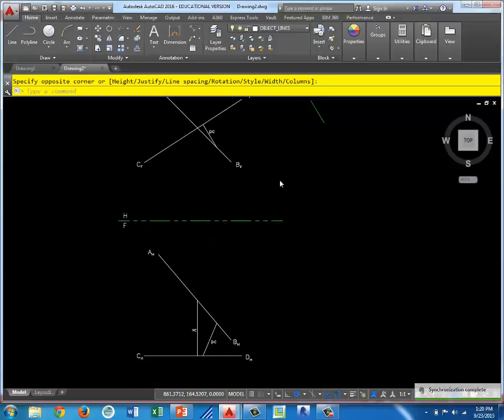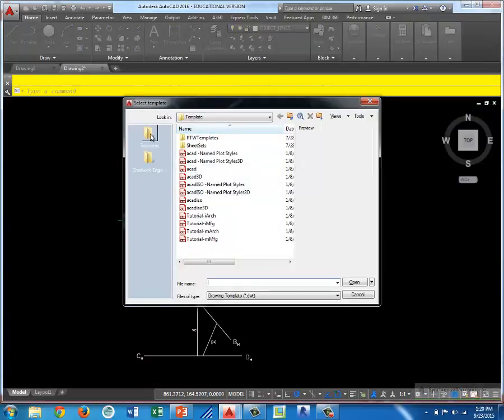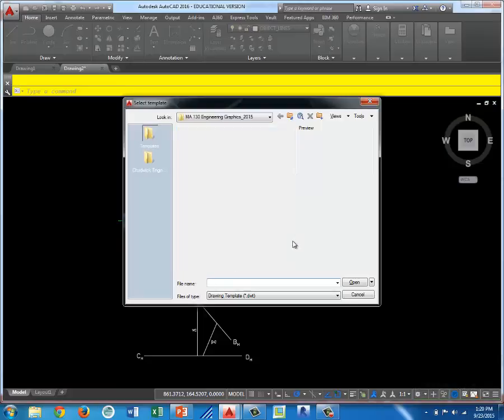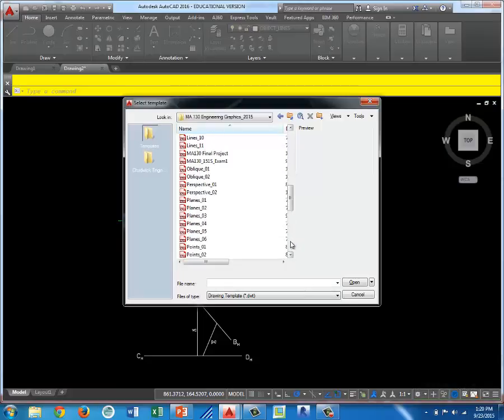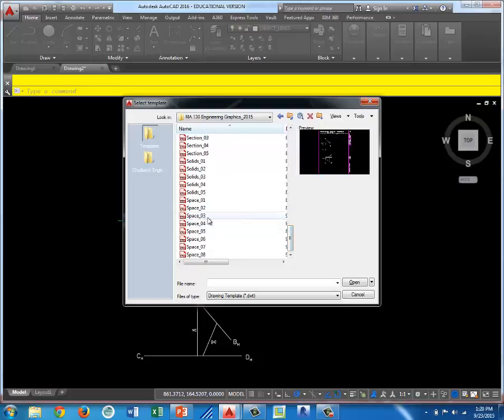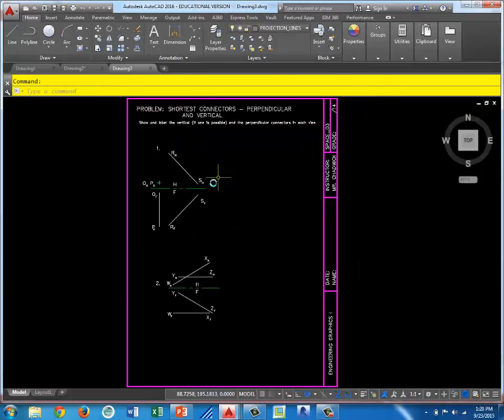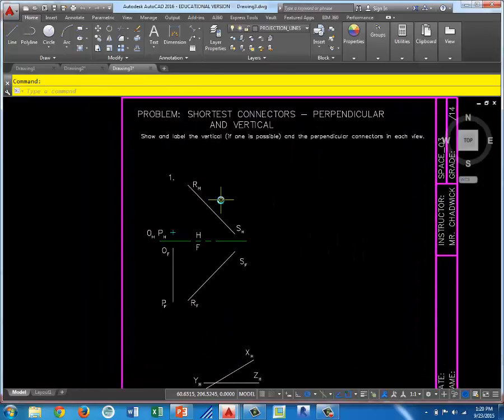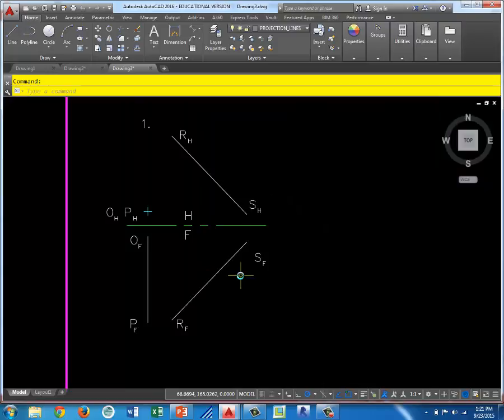So what I'd like you guys to tackle today are just a couple of space drawings here. Space 3 and 4. So let's look at these. So space 3, I already have a true length, I already have a point view. So this one should be pretty easy to draw in some connectors.